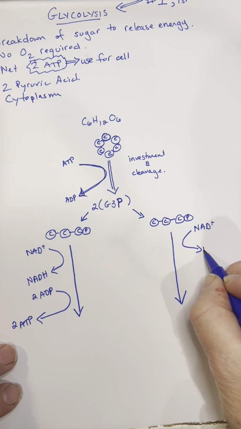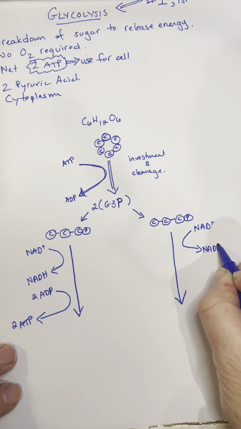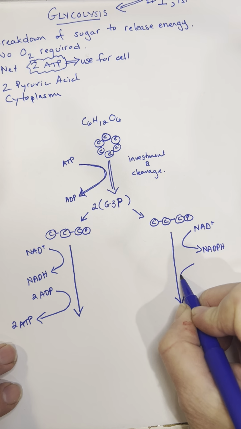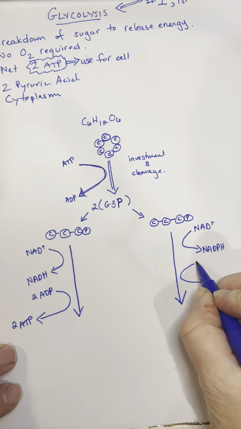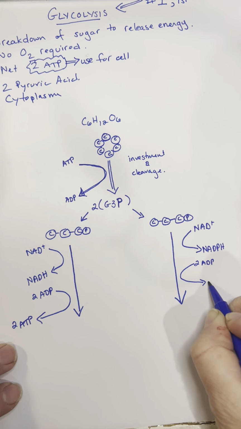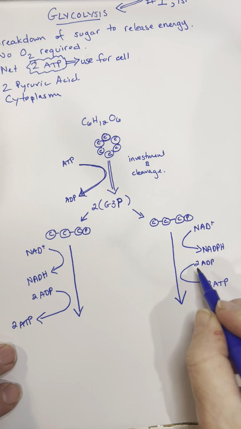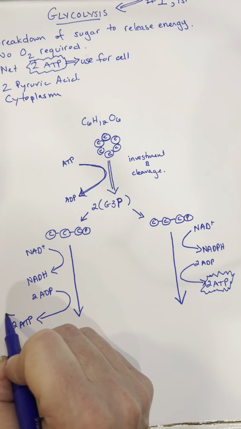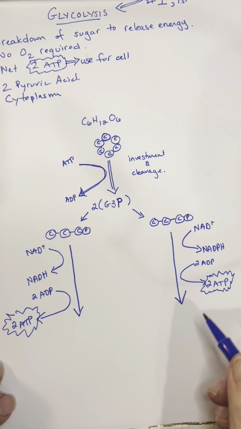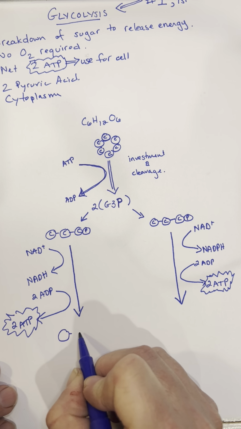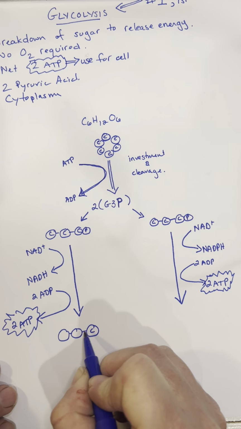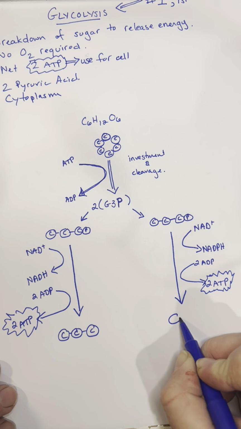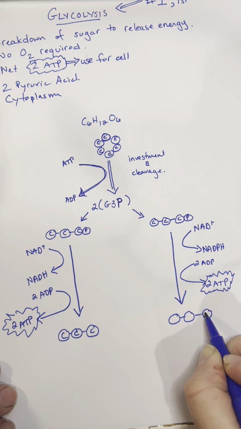So by the end of glycolysis, we'll have made electron carriers and we will have made ATP. And these 2 ATP are useful. These are our molecules of energy for use by the cell. And we are left with 2 molecules of pyruvate. And pyruvate is a 3-carbon molecule, also known as pyruvic acid.